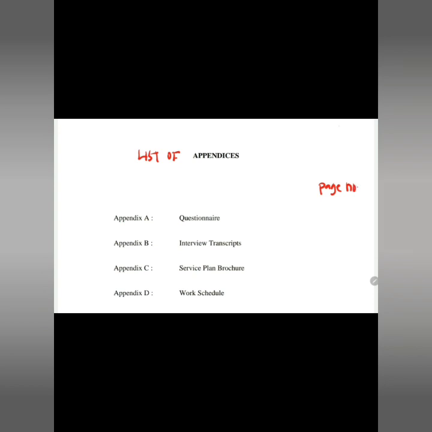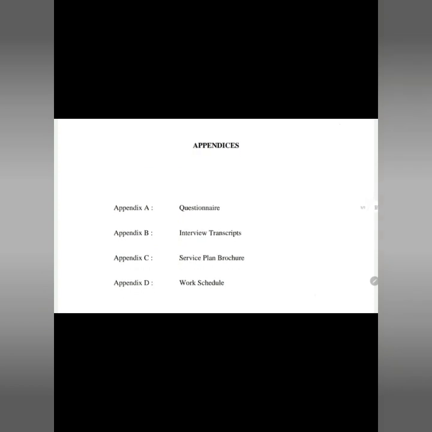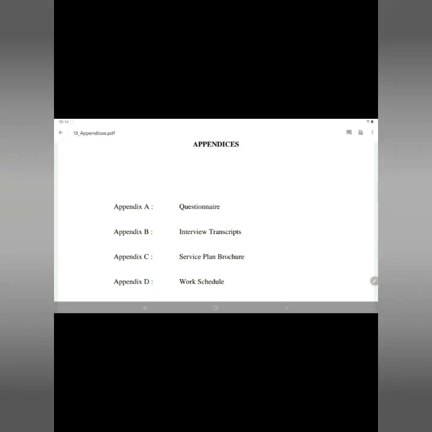But at the end, after the references list, you don't need this, you just write it like this. Appendix A, questionnaire. Paging is numbered starting right after the references list finishes.